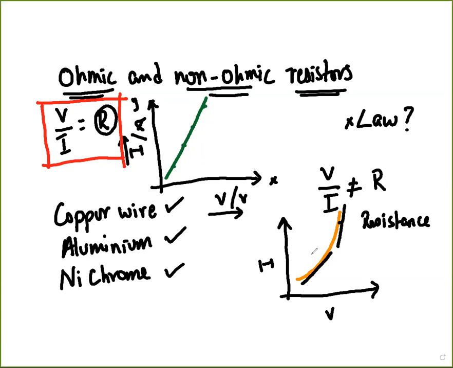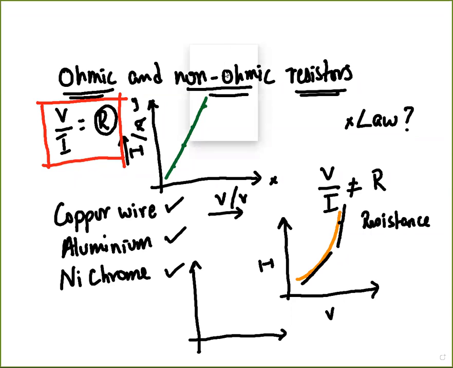not linear. It's not proportionate. So as far as your 10th standard syllabus is concerned, this is all you need to know. There is this one possibility where as the voltage increases, the amount of current flowing becomes higher and higher. Wait a minute, not higher and higher, lesser and lesser? Yeah, lesser and lesser. So therefore the resistance is increasing. It is also possible for some type of resistors in which this can happen.